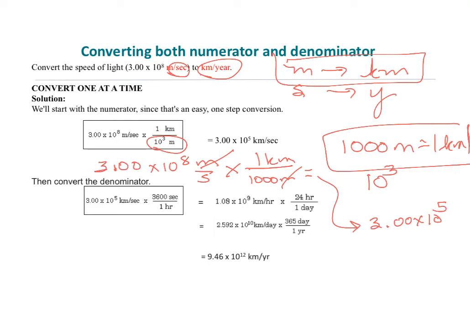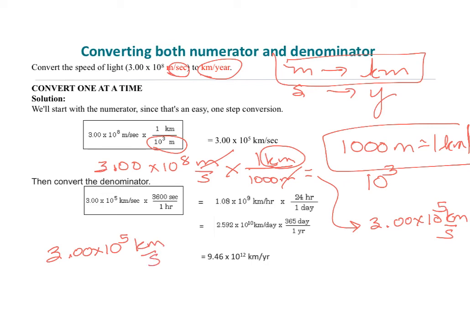And what units am I left with? Kilometers is on top and seconds is on the bottom. All right, so now we're going to convert the time, the denominator. So pay attention to that because it's a little bit different. So I'm going to write that answer, 3.0 times 10 to the 5th kilometers per second.